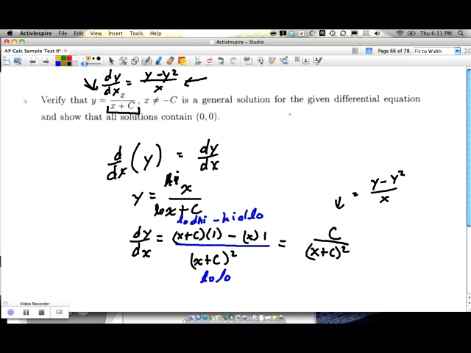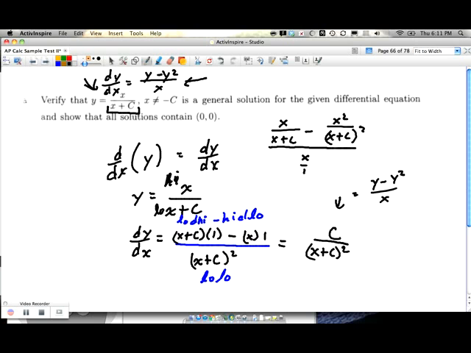Y minus y squared over x is going to be x over x plus c minus x squared over x plus c quantity squared, all over x. Now, if I'm looking at this and I'm trying to ask myself how I would start to simplify this, you would think you'd want to get common denominators, but I think I can get rid of this denominator even faster.